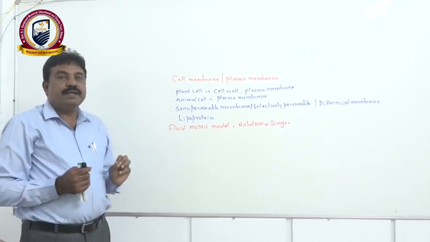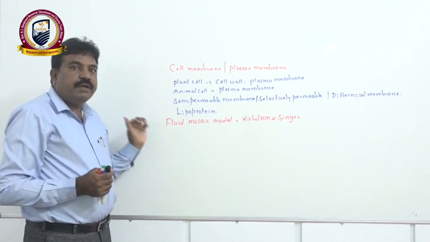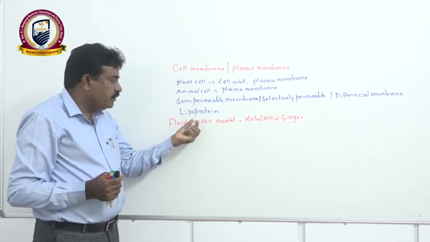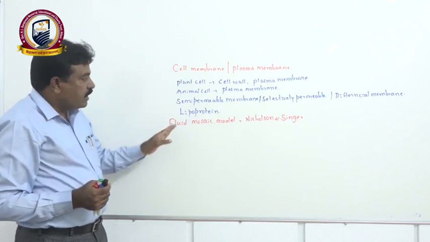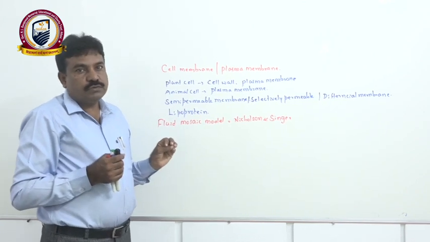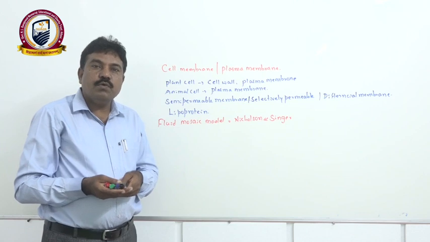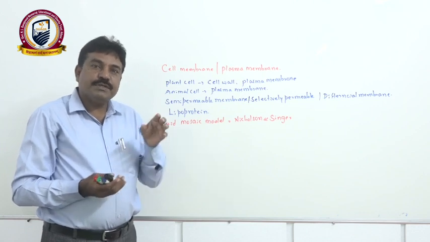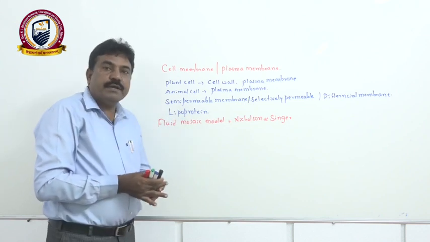The name itself indicates there is a liquid in the membrane, and here and there some proteins are present, giving the appearance of a fluid mosaic. Nicholson and Singer gave a very good example: just as an iceberg is present in water, the model appeared like that.